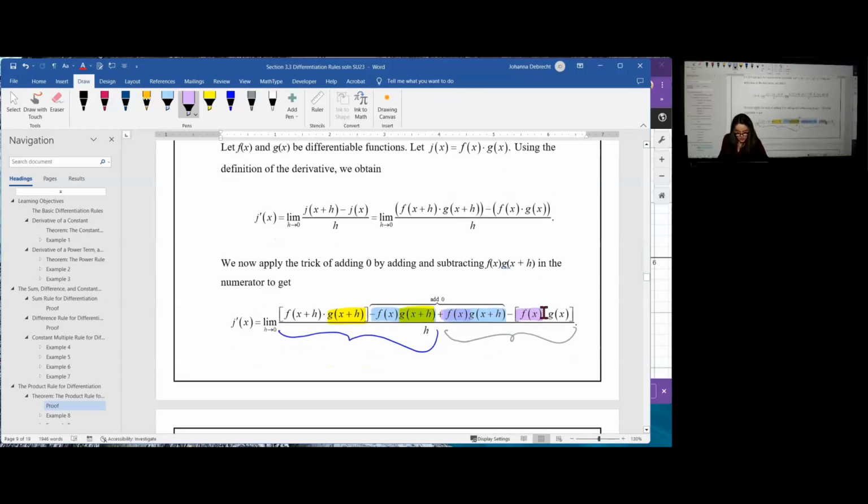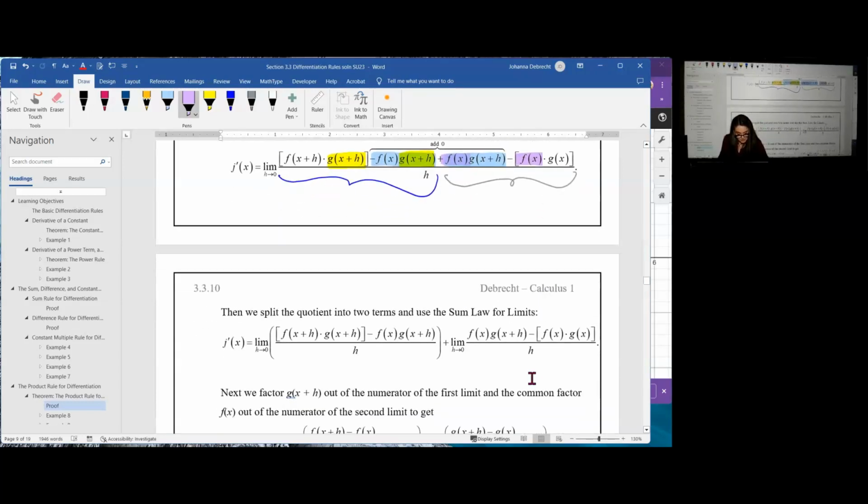Let's go ahead and show that work now. We split the quotient into two terms and use the sum law for limits to do this. Now we have the limit of f of x plus h times g of x plus h minus this term we added and subtracted, f of x, g of x plus h, plus the limit that follows it, f of x, g of x plus h minus f times g.